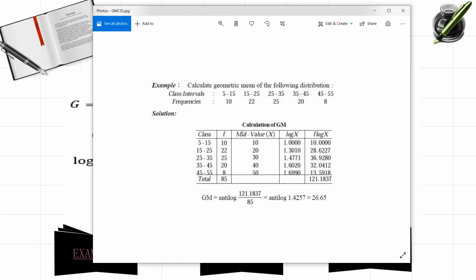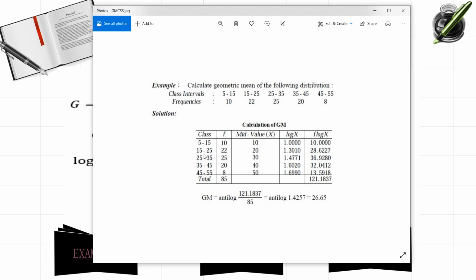How to find out the mid values? It is very simple. Add the lower limit and upper limit of that class and divide it by 2. Take the first class, for example, 5 is the lower limit, 15 is the upper limit. Add both, 5 plus 15 is 20. 20 divided by 2 gives you the mid value of that particular class, which is 10.